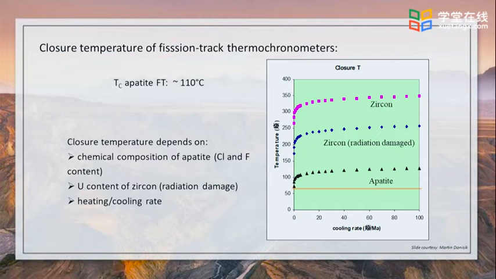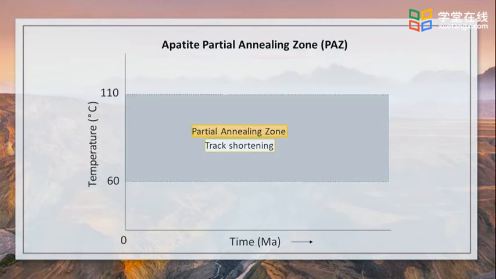About 220 degrees centigrade is proposed for a highly radiation-damaged zircon, and the closure temperature of above 300 degrees centigrade for zircon with low to zero radiation damage. And this range is generally referred to as the partial annealing zone, or PAZ for short. The 60 plus minus 10 range for apatite is a minimal range.